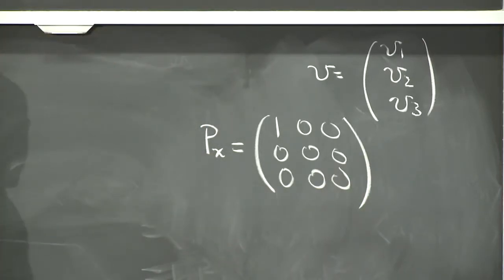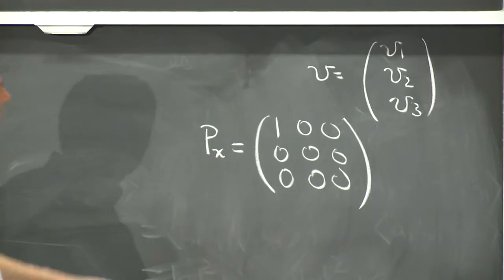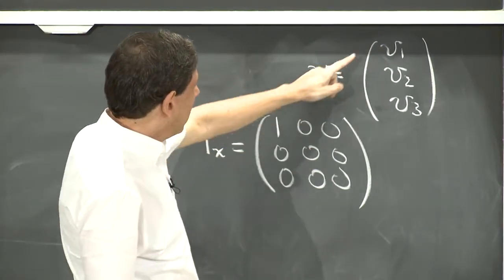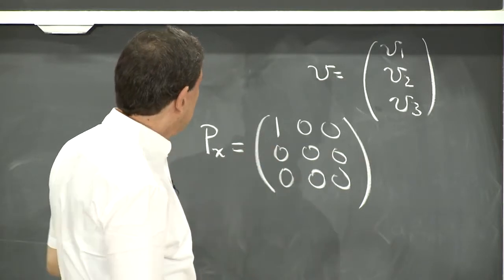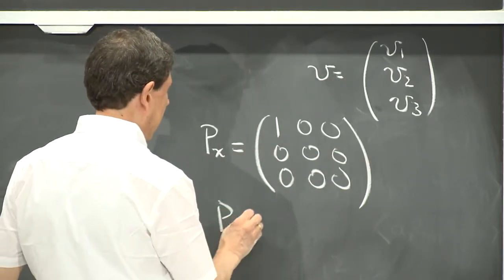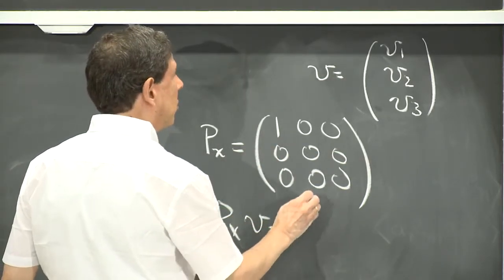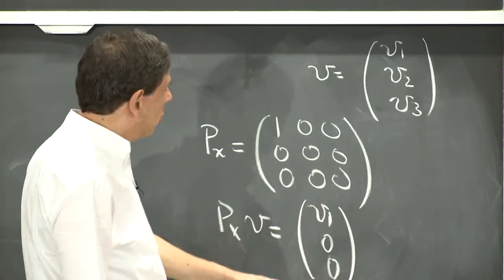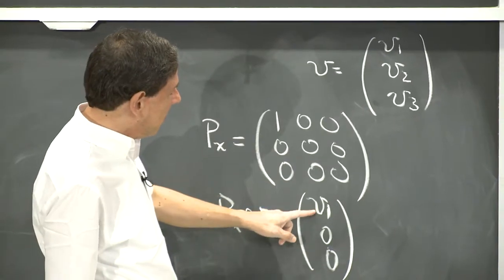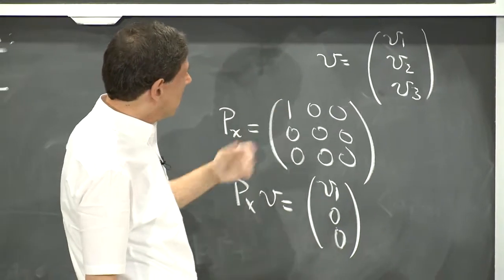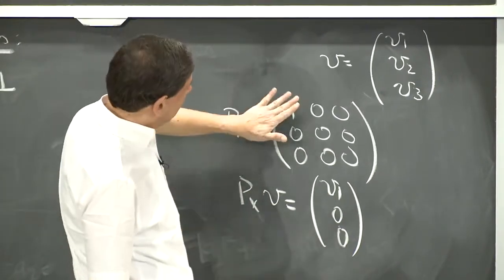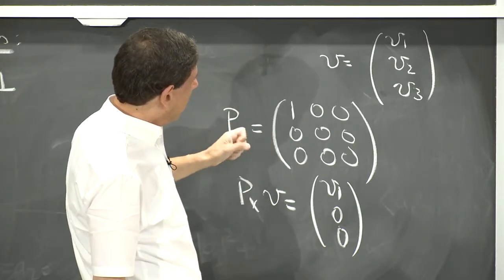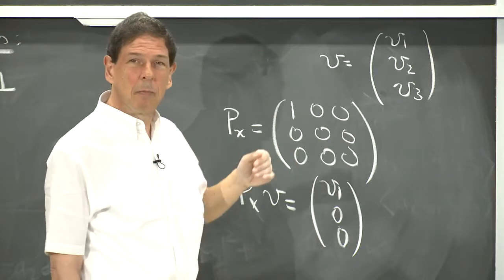That would be a projector into the x direction because acting on V, it would give you Px V equal to V1, 0, 0, which is what we said you should do. You should take the whole vector and just keep the x component. So this is a projector. If you have a 1 in the middle and zeros everywhere, it's Py. If you had a 1 here, it's Pz.